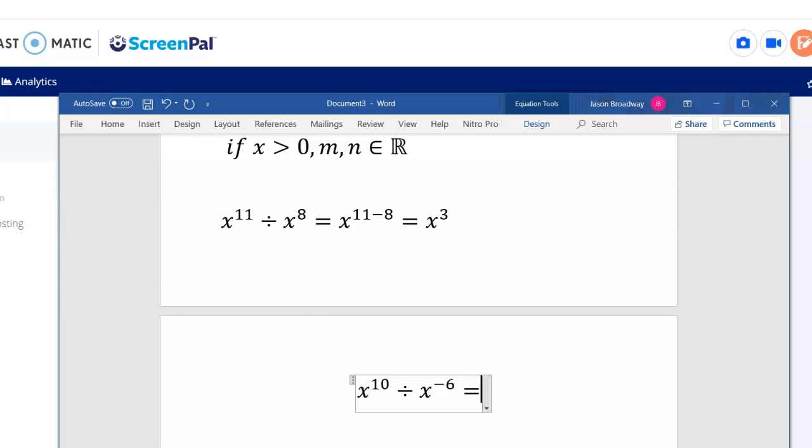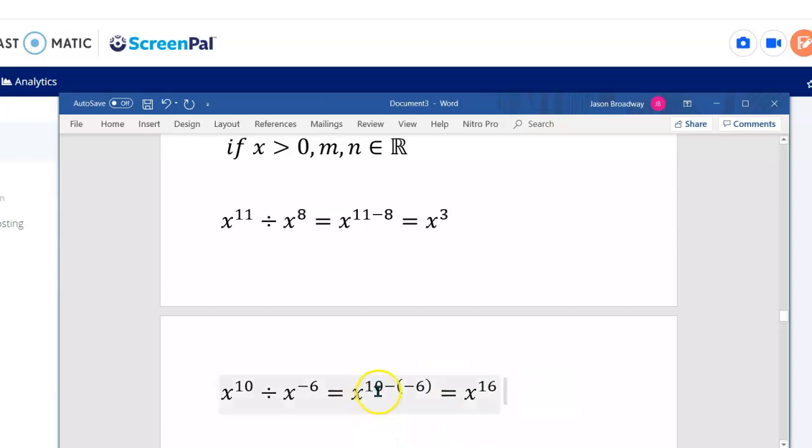Now, you can't just subtract. We're not timesing, right? You would do 10 plus 6 if we were timesing. We're dividing, and the rule is Michigan minus Nebraska. So we're going to do 10 minus negative 6. But be careful, that's 10 plus 6, right? That's 16.